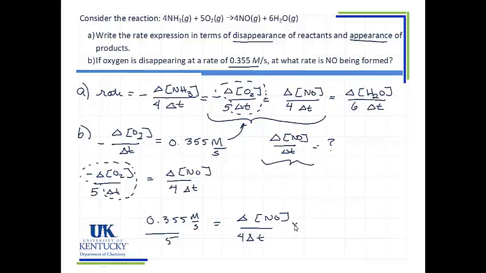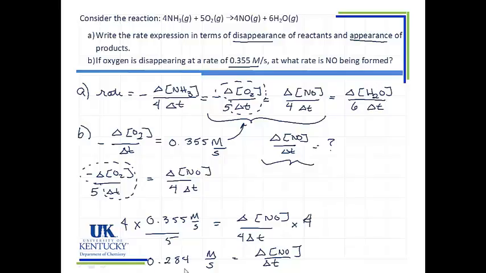So I'm going to multiply both sides by the 4. And that will leave me with a value of 0.284 molarity per second for the change in concentration of NO with respect to time. So that's the rate of change of NO, how fast it is appearing.